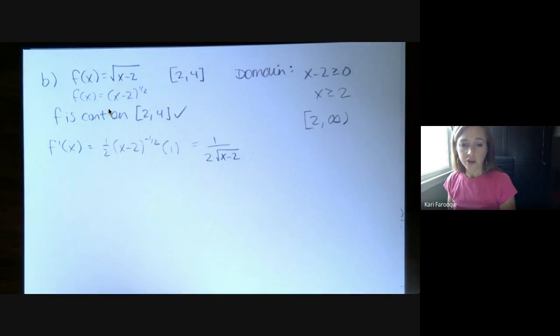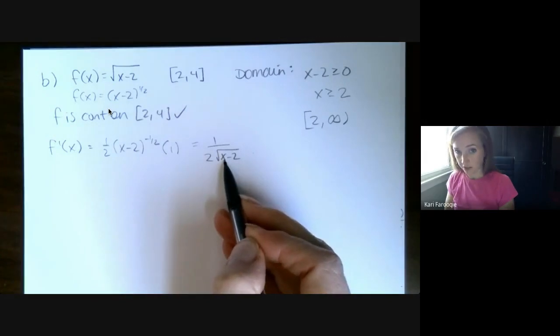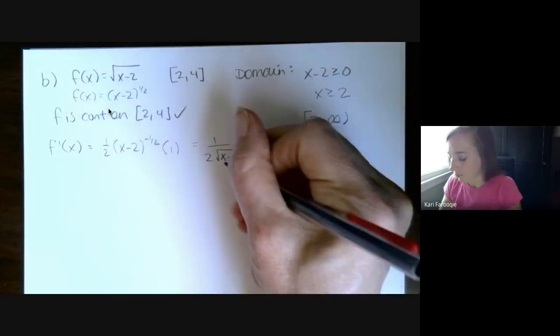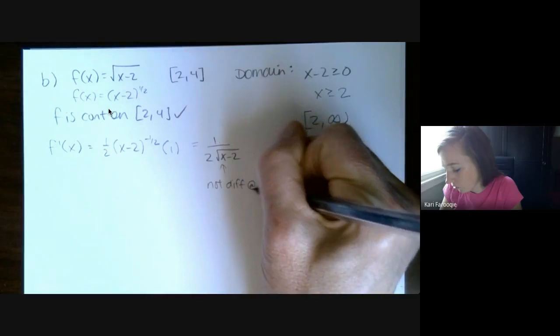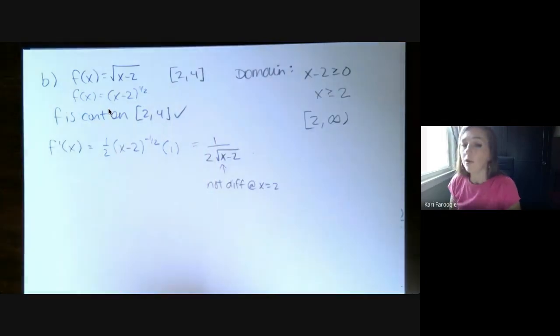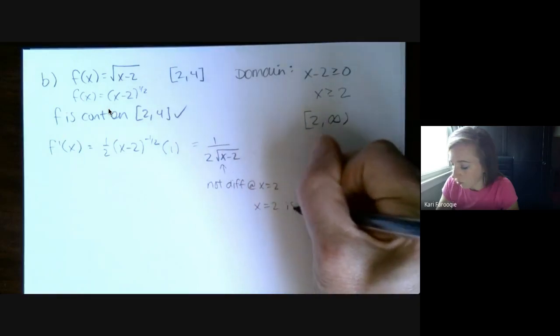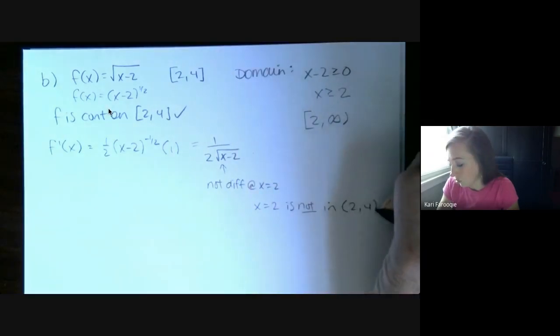So this function is not differentiable at 2 because if x equals 2, then we cannot divide by 0 in that case. But let's say not differentiable at x equals 2. Remember, our differentiability is not on the closed interval. Our differentiability is on the open interval. So I would say that x equals 2 is not in the open interval from 2 to 4.